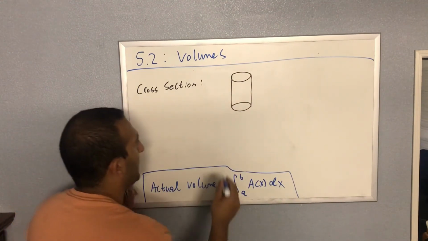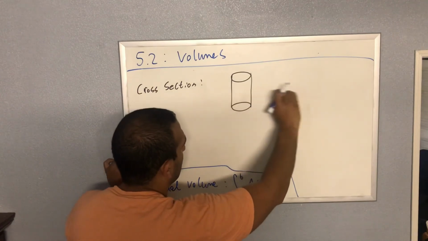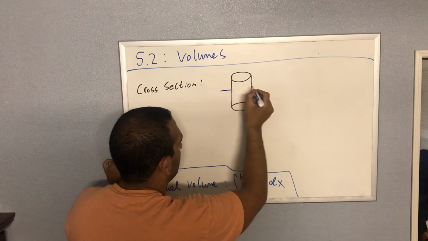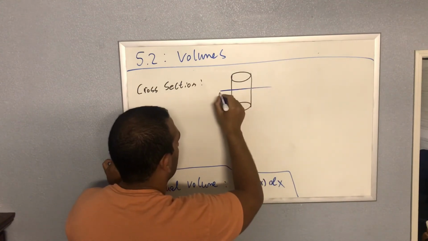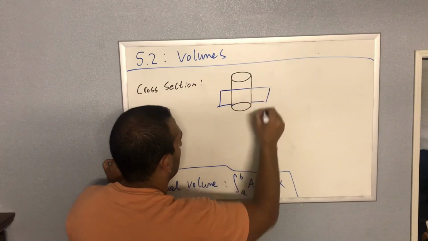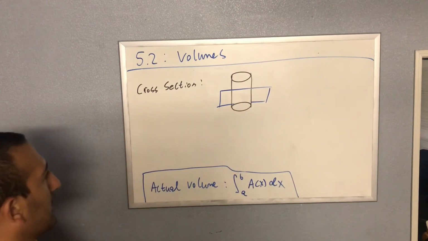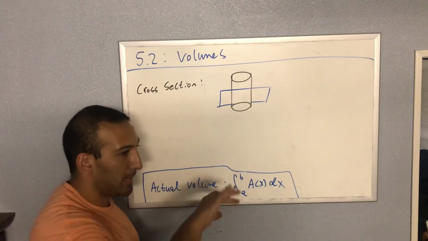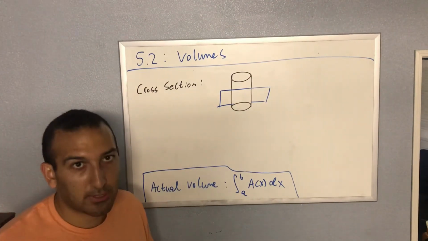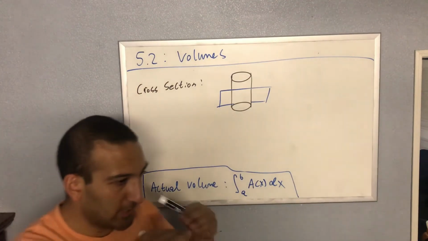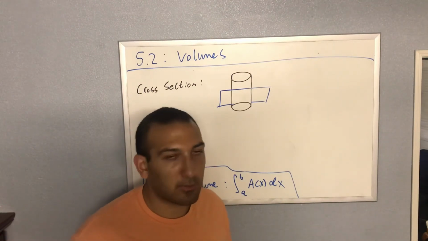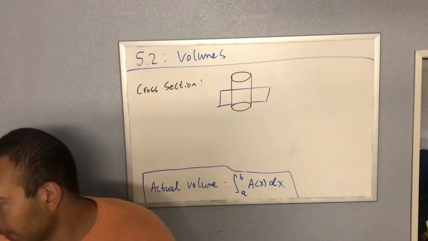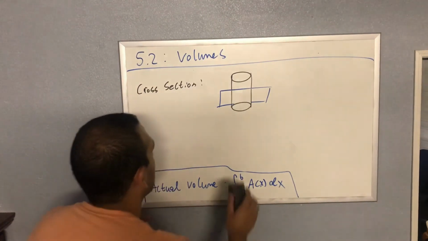And then I take a piece of paper, and say that piece of paper can cut through the cylinder. The part that intersects with the piece of paper is a little circle, right? So each little circle that you get when you cut it with a piece of paper, that's called a cross section.